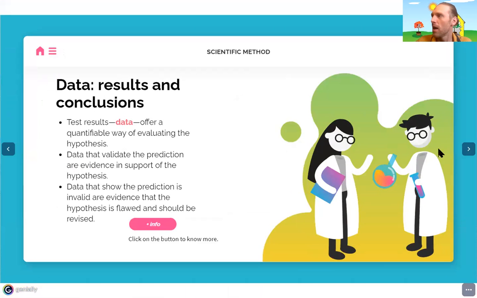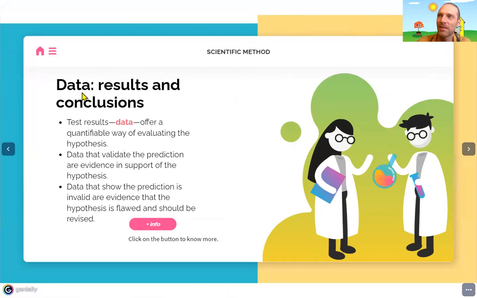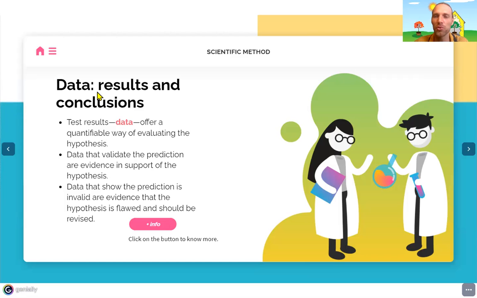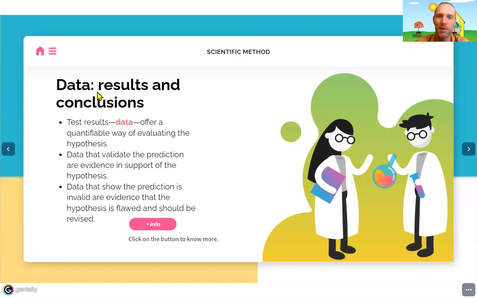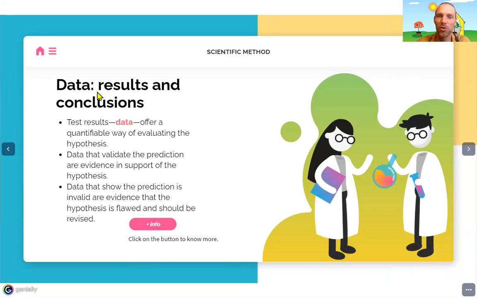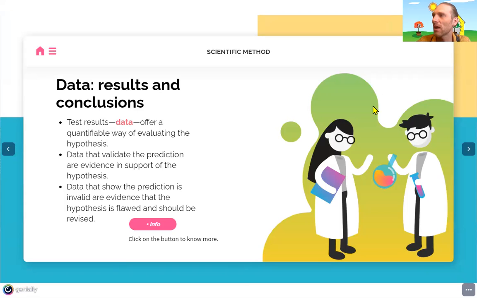Okay, now it's up to you. So basically you do an experiment. You're going to give contaminated water to 10 people or 20 people or 100 people and you have to write down the results. That's basically what science is: doing the experiment, making observations, and writing down your data correctly.